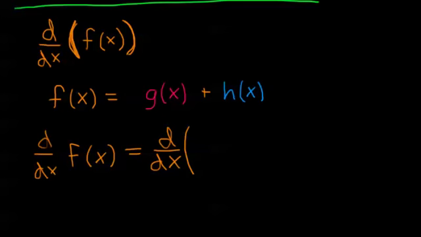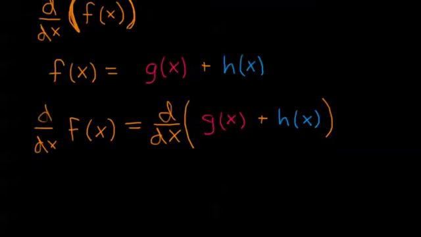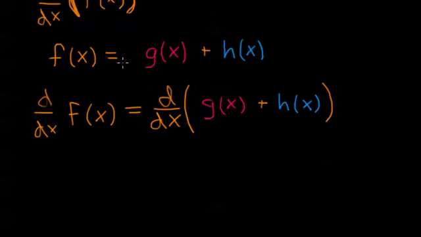So we have g of x plus h of x, just these two different functions that add together to make our total f function. So I've substituted the sum in for the f, so these two are still equal to each other.